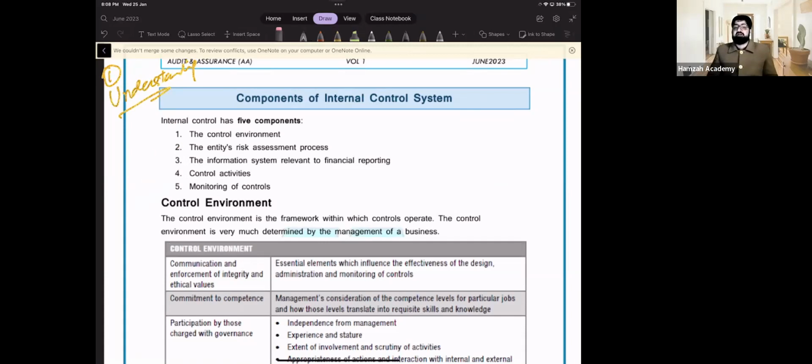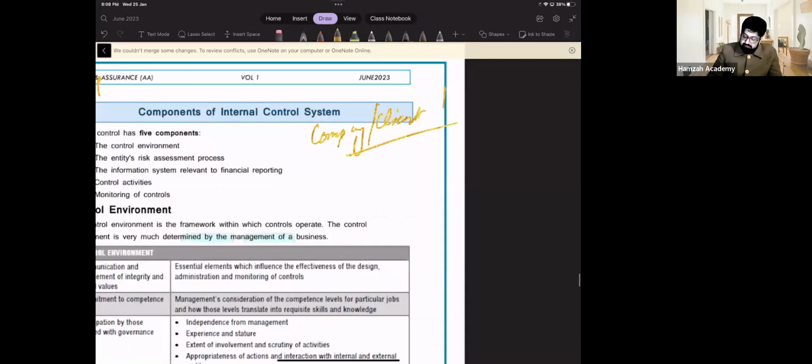Who has to implement these systems? Company, client. It is their responsibility to implement these 5 components of control well. Auditor comes and understands how well these components have been implemented.